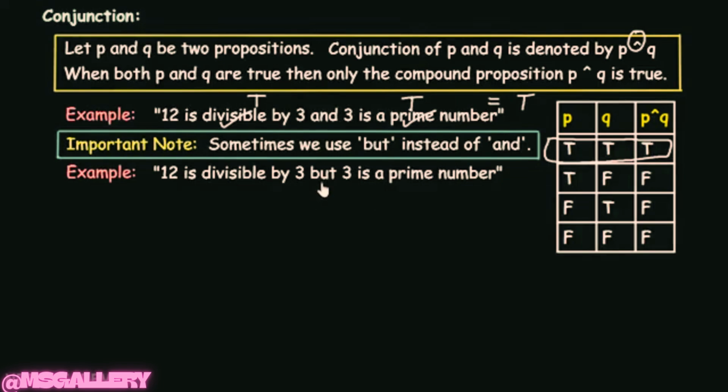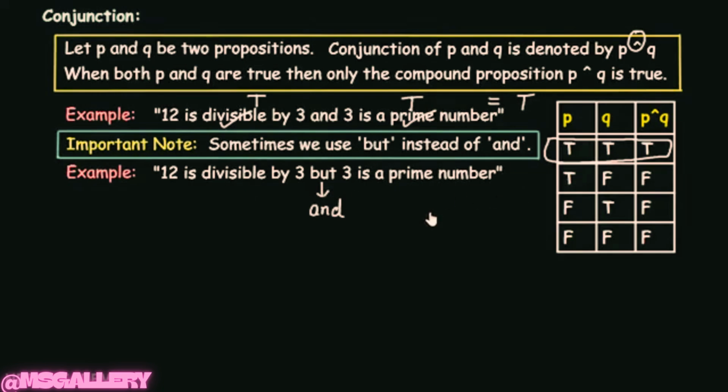Here "but" is equivalent to "and". Please note down this point. "But" and "and" are the same in propositional logic. When you find "but" in a statement, then it simply means "and". Therefore, both the propositions need to be satisfied to make this particular compound proposition satisfied.